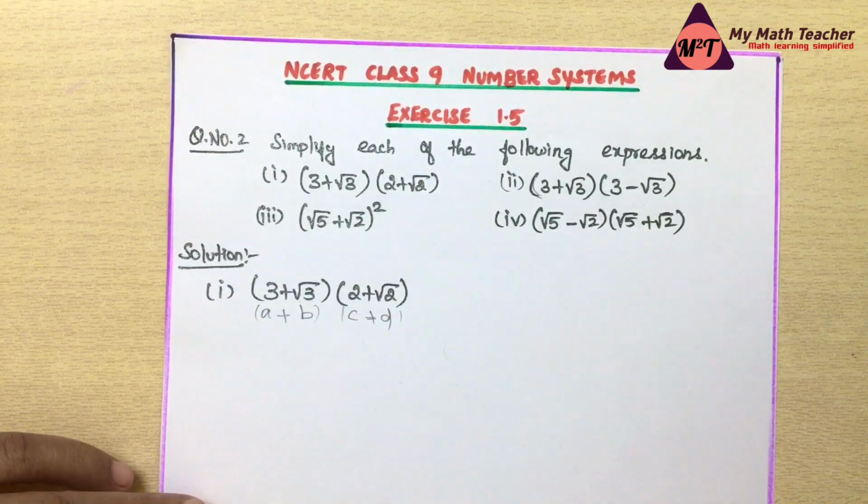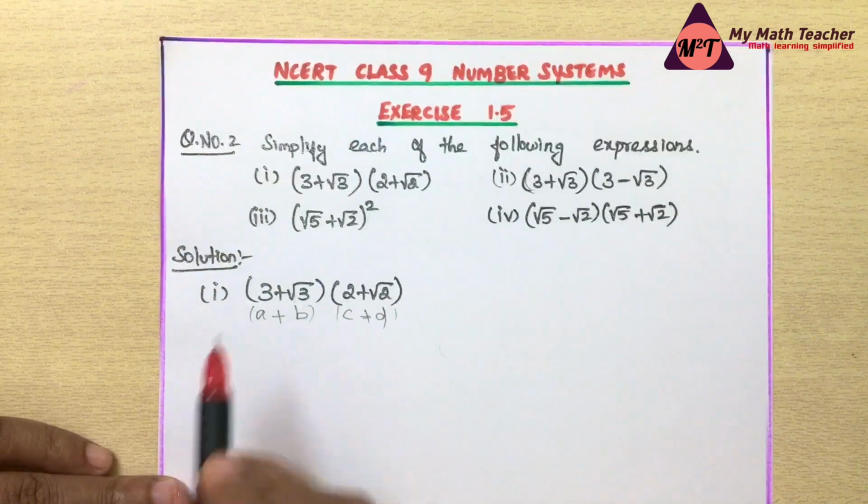If we can't apply an identity, just multiply one binomial with the other binomial.